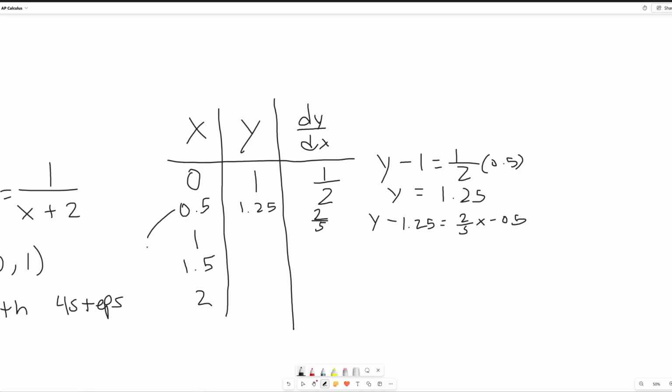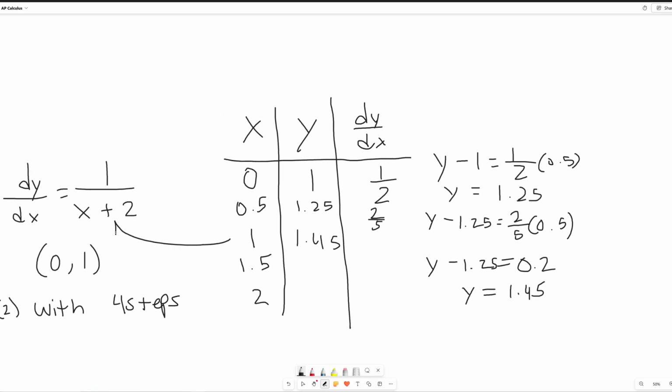So since these are all 0.5 steps, then we can just put 2/5 times 0.5. So 2/5 times 0.5 is 2/10, which is 0.2. And then y minus 1.25 equals 0.2. Y equals 1.45.